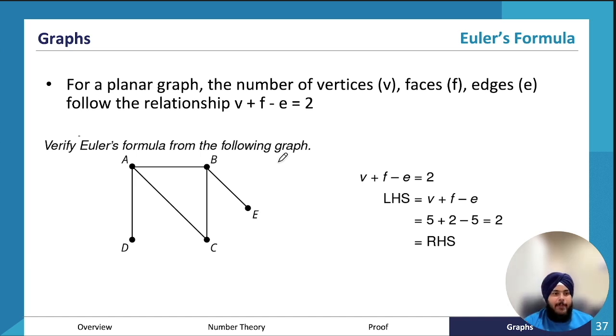The way it works is we have a planar graph, and Euler's formula is that the number of vertices plus the number of faces minus the number of edges should be equal to 2 in order for a graph to be a planar graph. And we can only work out the number of vertices, faces, and edges if it's in the planar form.